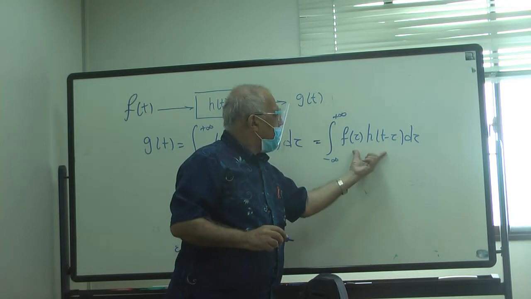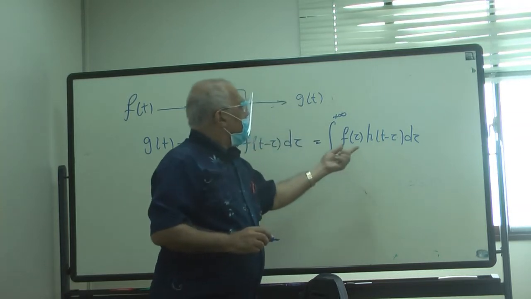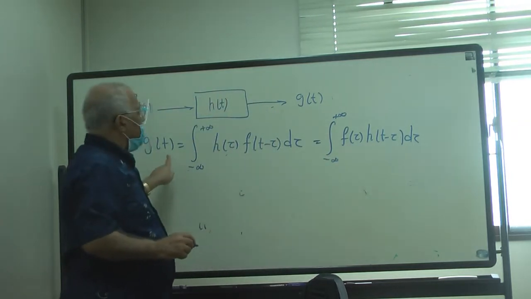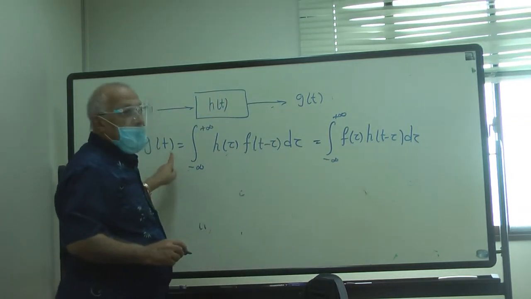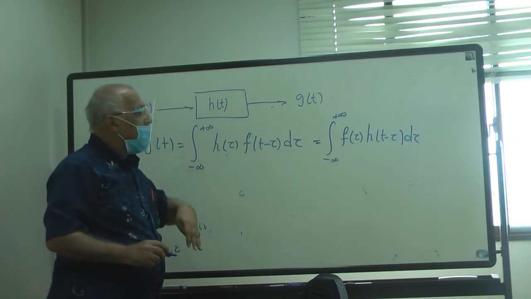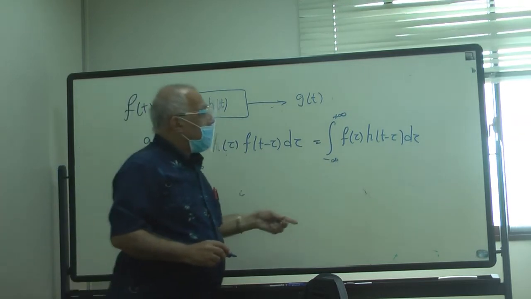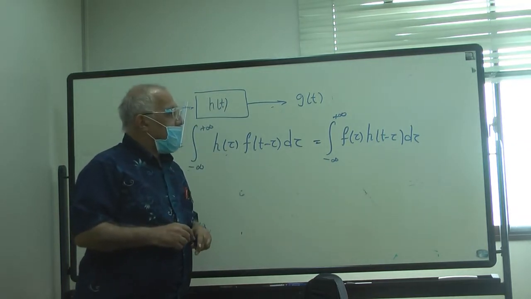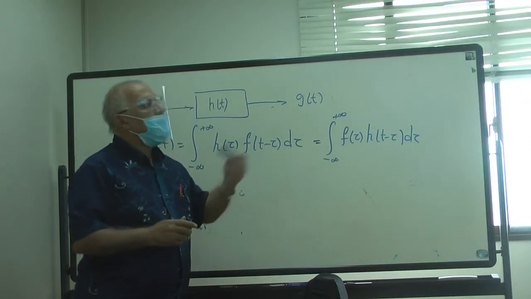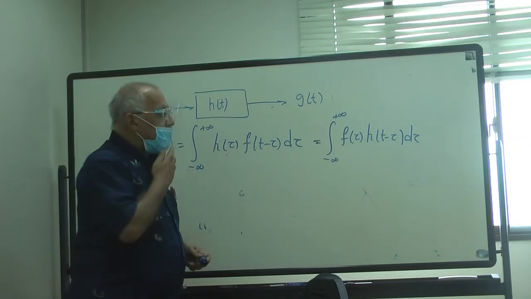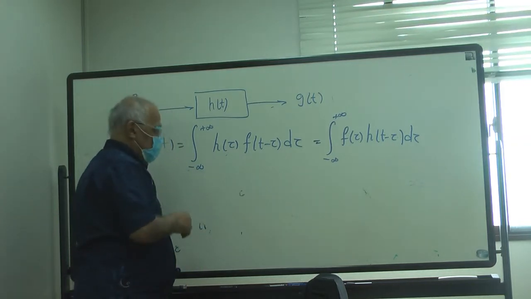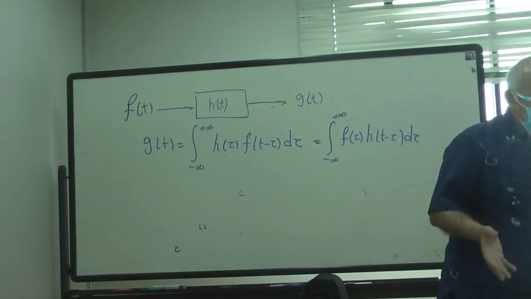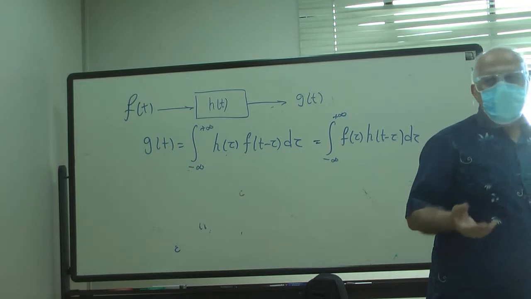The function that comes out is a variable of t. Tau is eliminated here. So you can write like this. This is important for a linear system. If you have the impulse response and the input, then you can calculate the output.